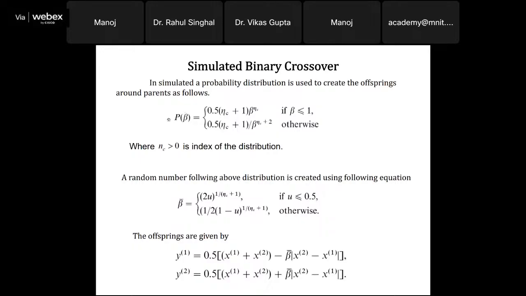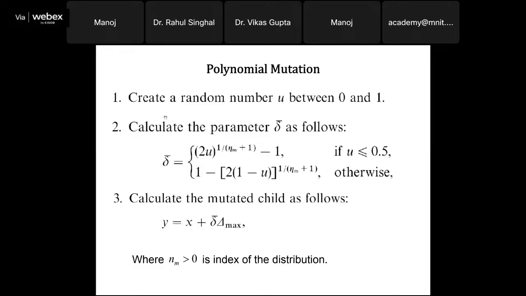So in combination with this, a mutation operator was also defined, which is called the polynomial mutation operator. And again, it has one parameter, eta m, and this delta is defined like this, which is a random perturbation value.